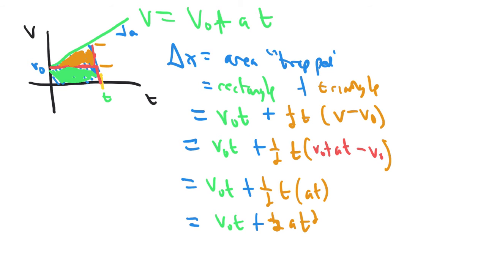And of course, all the way on the other side, we know that this was delta x, which is x minus x0. And so we're left with: the final position is the initial position, because I bring that over to this side, plus V0T plus 1/2 AT squared.